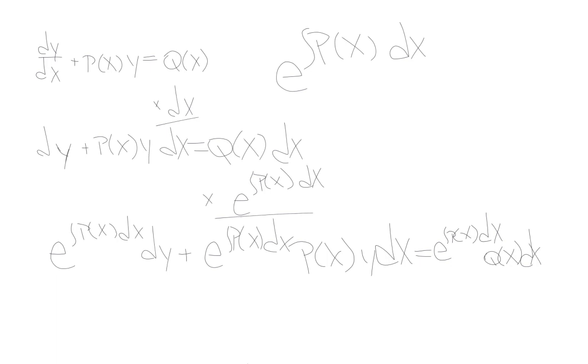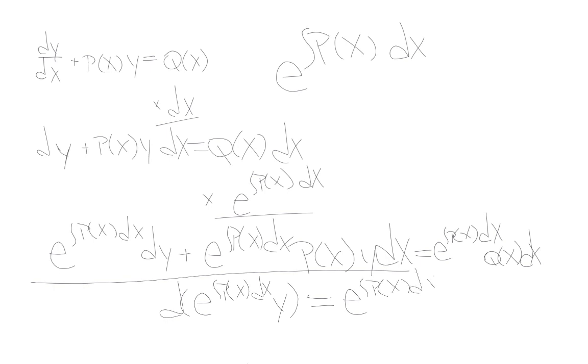And what we have here on the left hand side is a total differential. This is the total differential of the integrating factor times y, and that's equal to this single variable function e to the integrating factor dx times q of x dx.